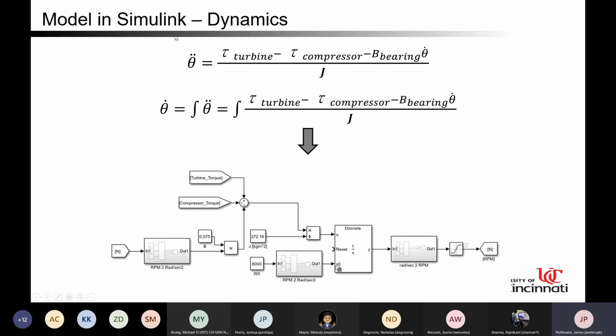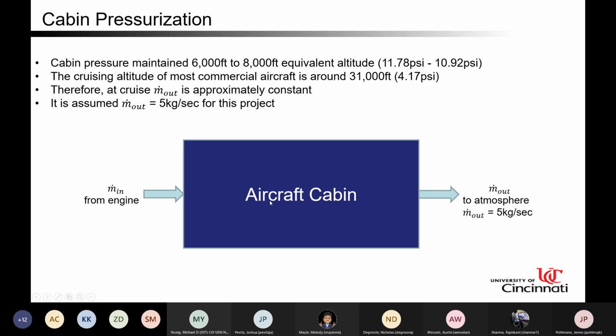Then the dynamics: if you simplify the equation from Lagrange, you get theta double dot as a function of the difference in torques minus the bearing term, over the inertia of the rotor. This is shown in the Simulink diagram below.